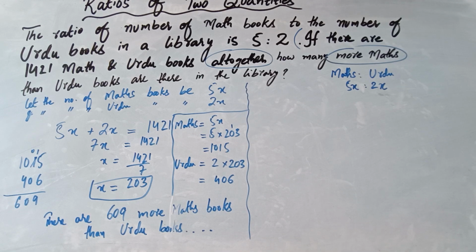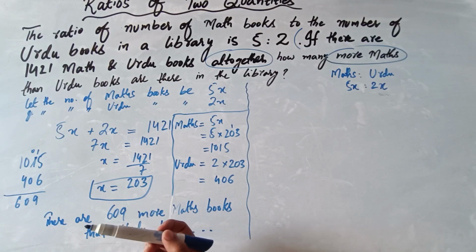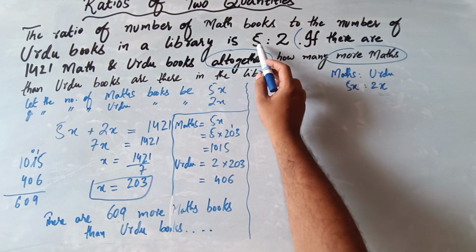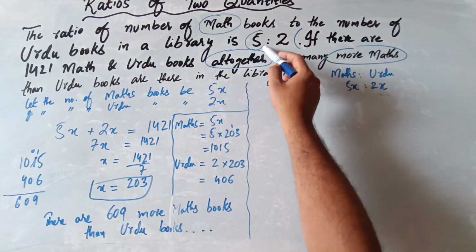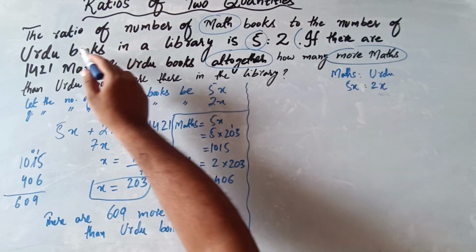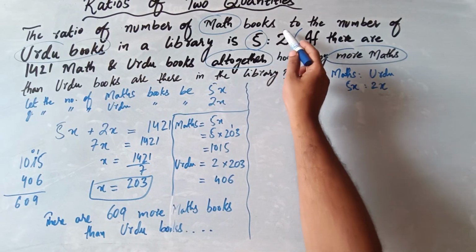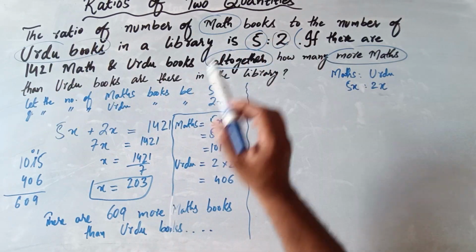So this is the first method. I hope this is clear. How we started the question: the first ratio is of maths and the second is of Urdu books.